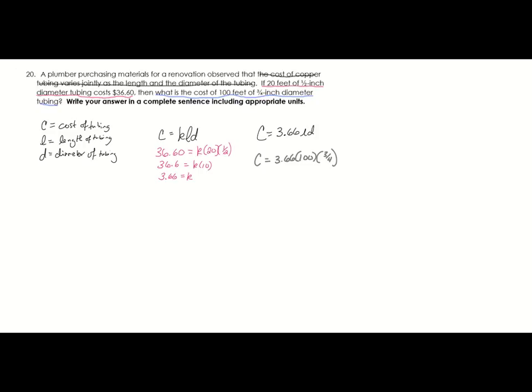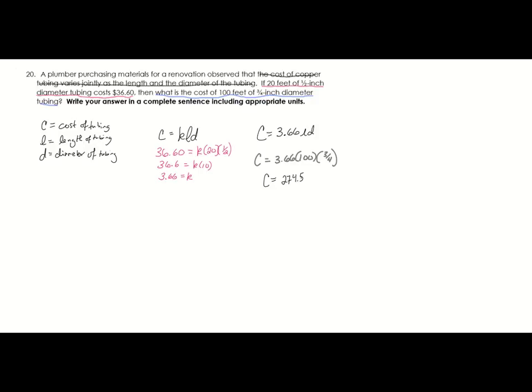When I do this computation, I get back that C is equal to 274.5. So now I simply need to take this and write my sentence and include my correct units.